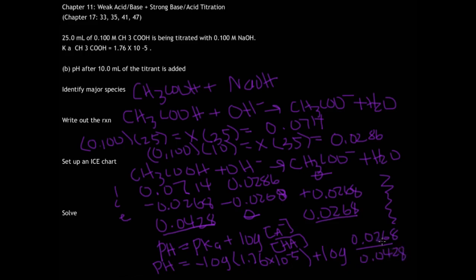And you plug all of this in your calculator. Your pH ends up coming out to be 4.579. So it jumped up a little upon the addition of some base, which makes sense. All right, we're moving on.